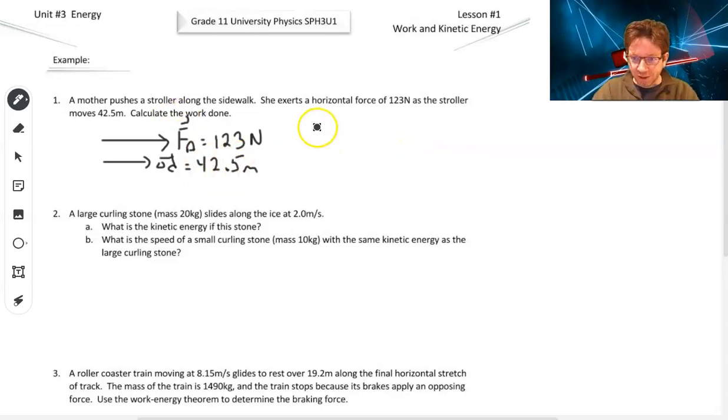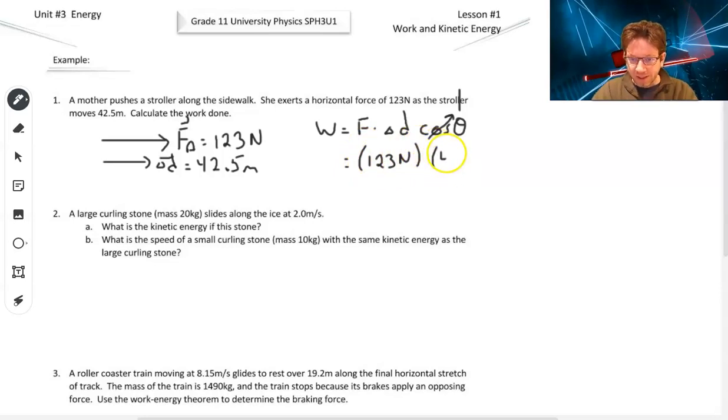Calculate the work done. So the work is force times displacement, just the magnitudes, times the cos of the angle between them. Now, since they're parallel and in the same direction, that's cos of 0, and cos of 0 is just 1. So it just equals force times displacement, so we can write that in. So 123 newtons times 42.5 meters, and we'll get our work done.